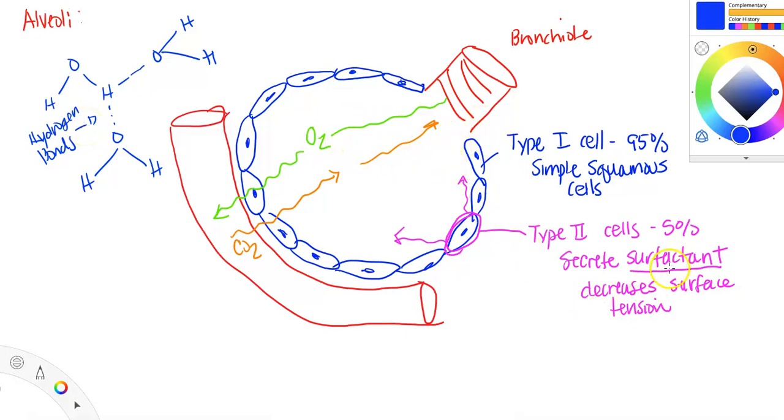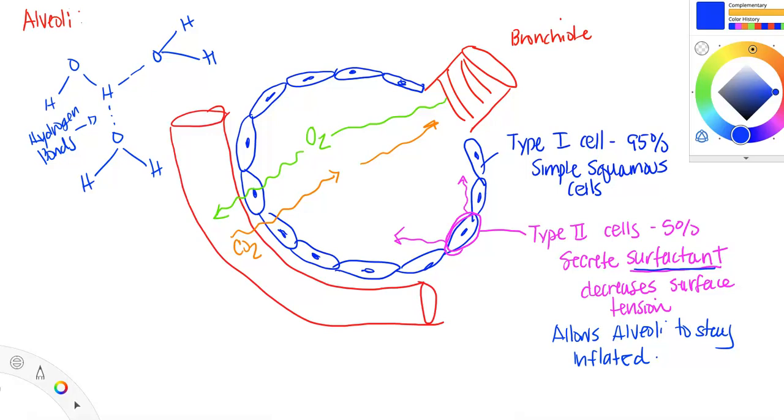And without the surfactant going in here, the alveoli would collapse. So it decreases the surface tension and it allows the alveoli to stay inflated.